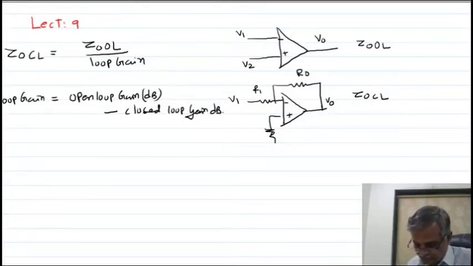So by using this equation, you can calculate the closed loop output impedance, and you can see that closed loop output impedance is less compared to open loop output impedance. So if it is possible, remember this equation.